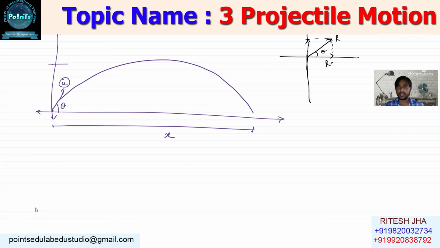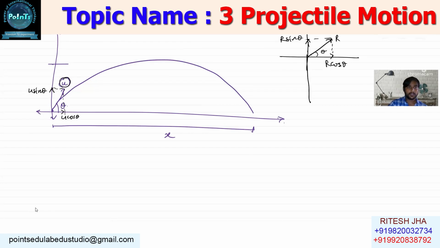In this direction it is r cos theta, in this axis it is r sin theta. Exact same way, we can get the components of u: in the horizontal direction u cos theta, and in the vertical direction u sin theta. You understand how to get the components of a vector, right?